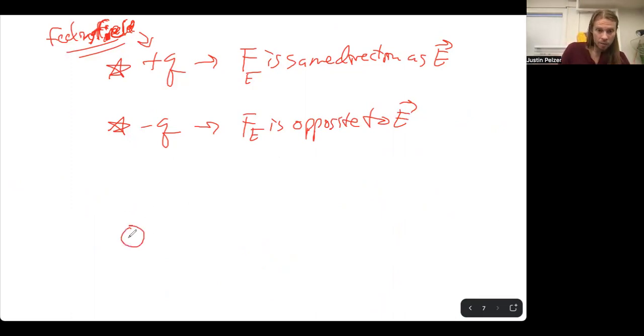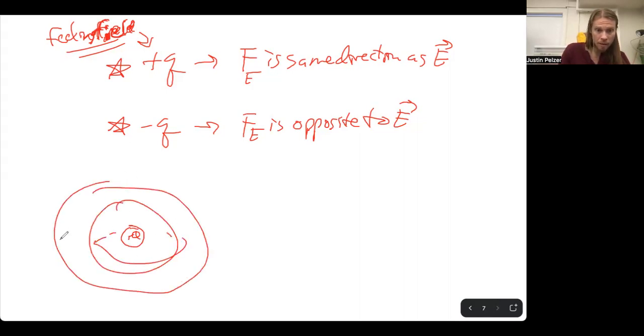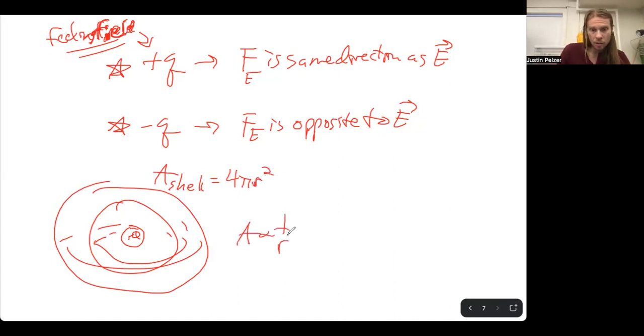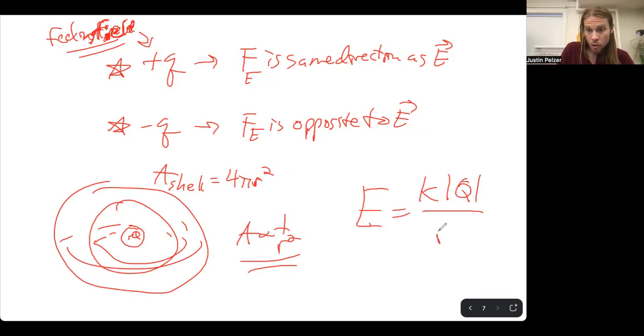Now here's the last point. If I have a source charge, that field is spread out over a bigger and bigger area of a sphere. An area of a shell is 4 pi r squared. So as I go bigger and bigger out, it gets spread out, it gets diluted, which means the electric field is given by the electric constant times the absolute value of the charge over r squared.